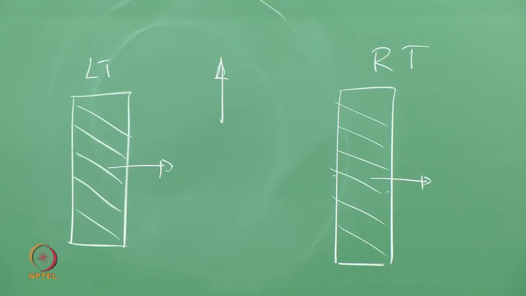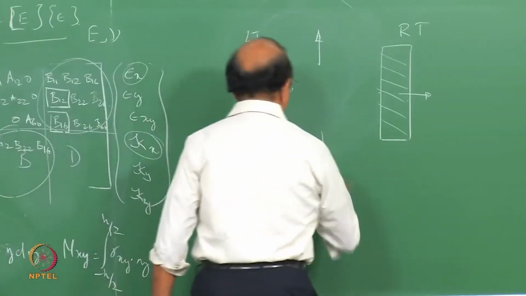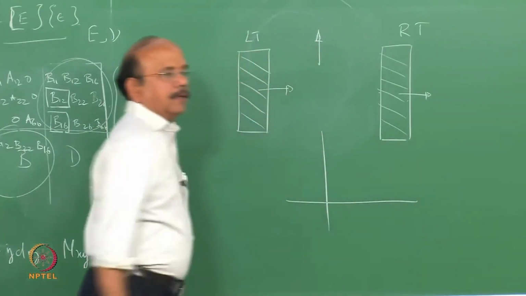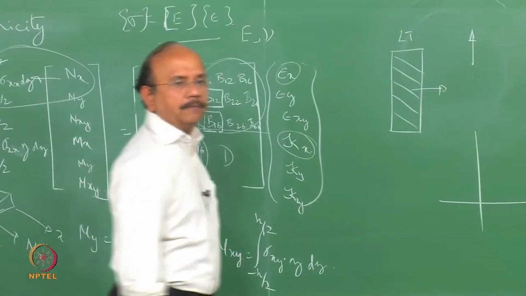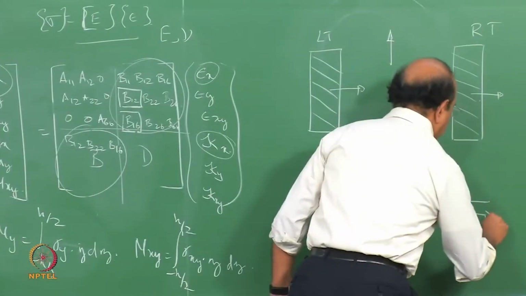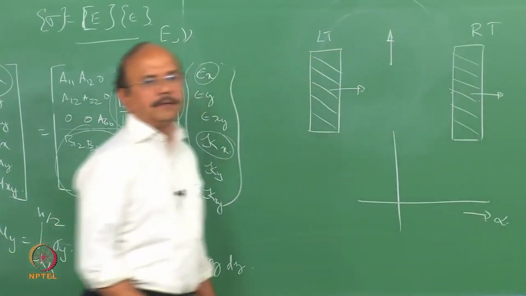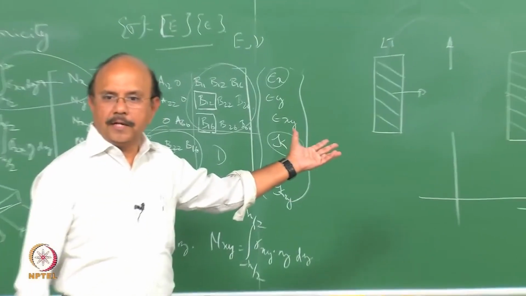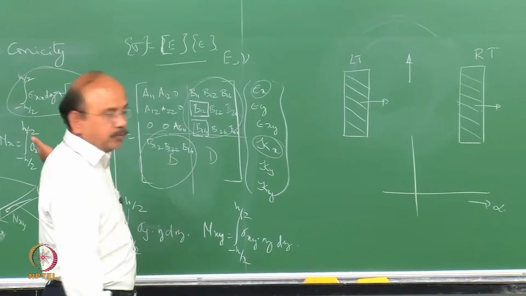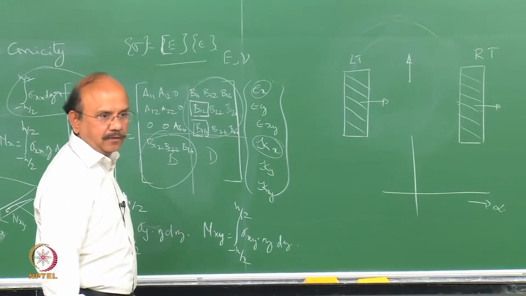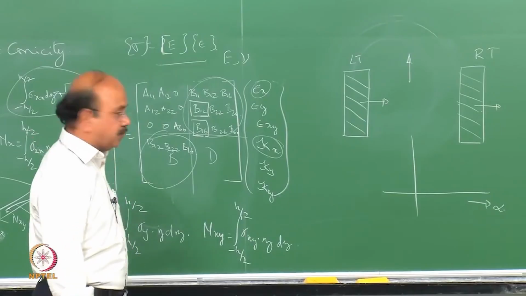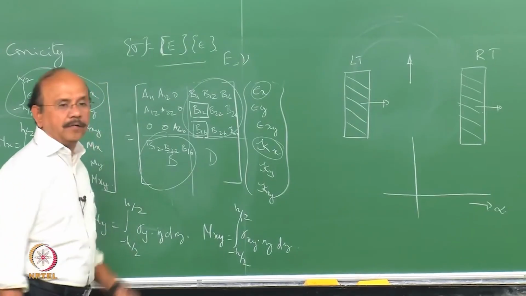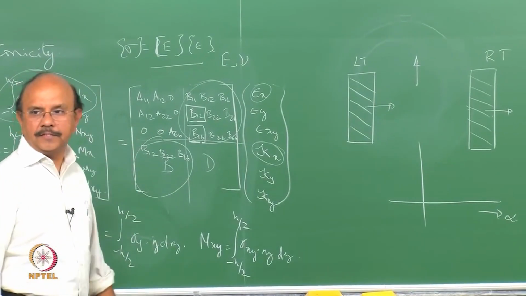Okay? And now superimpose on this, say for example, I plot alpha versus both the aligning torque, which is a torque that happens due to the NXY term, and a lateral force, the NX term.